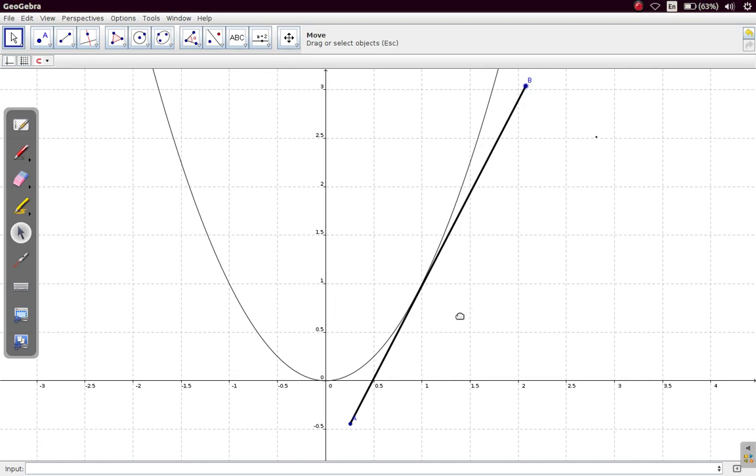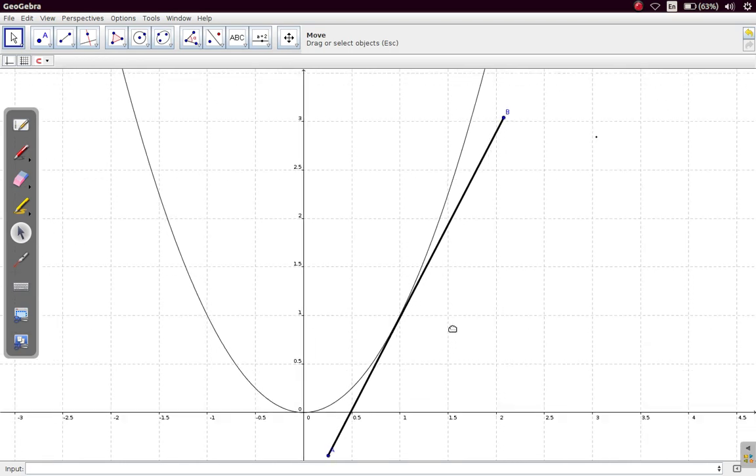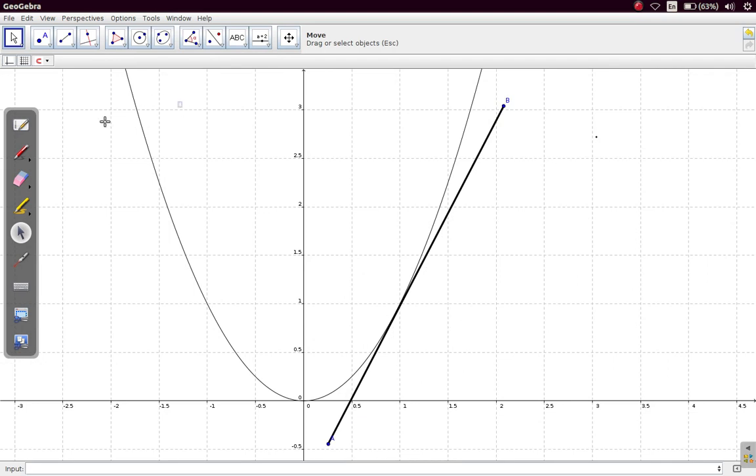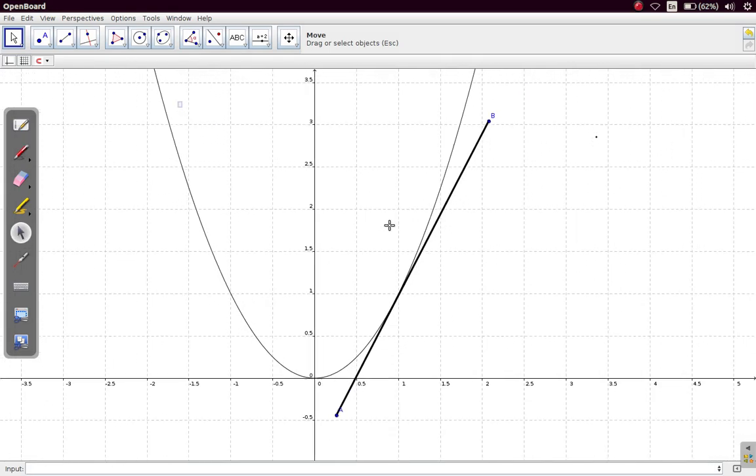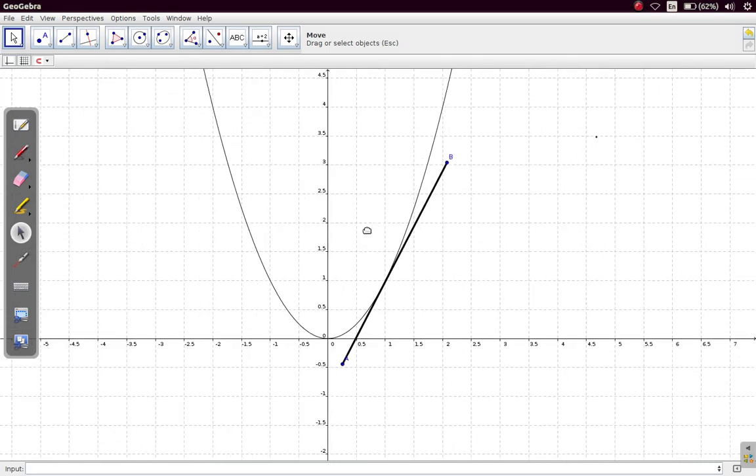Suppose we do this. This is x equal 1. Suppose we have another point to consider. Let's consider a point at x equals 2.